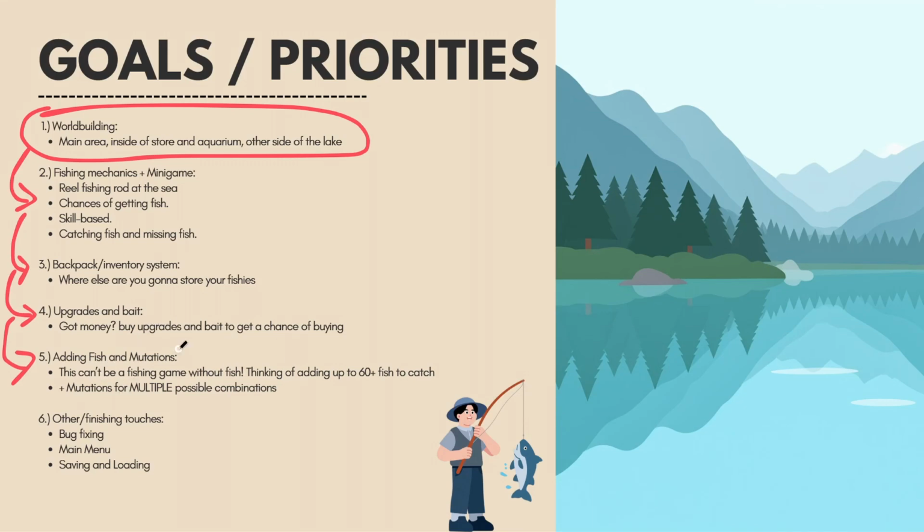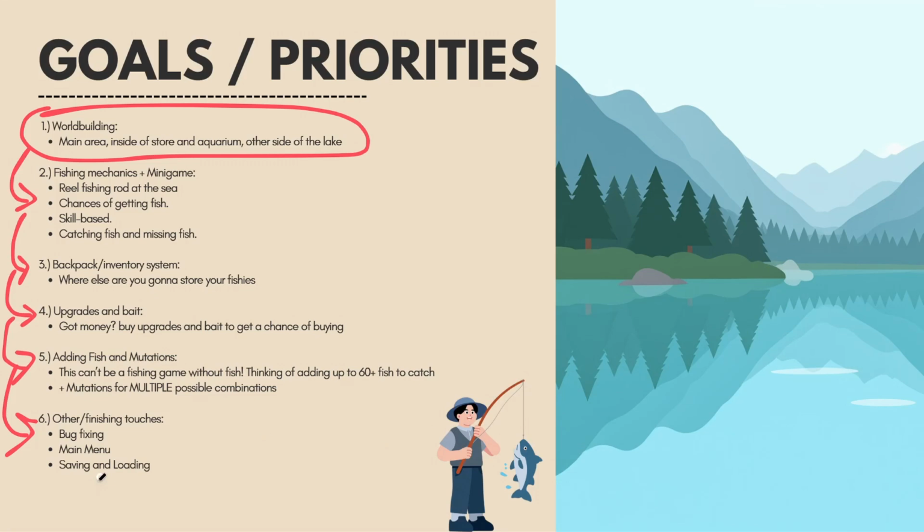We're thinking of adding up to 60 fish to catch in total. So it's not a lot and it's not too little as well. Plus mutations for multiple possible combinations of fish. And then after all that, we're gonna move on to finishing touches like bug fixing, main menu, and saving and loading, in order to actually make this into a cohesive game.